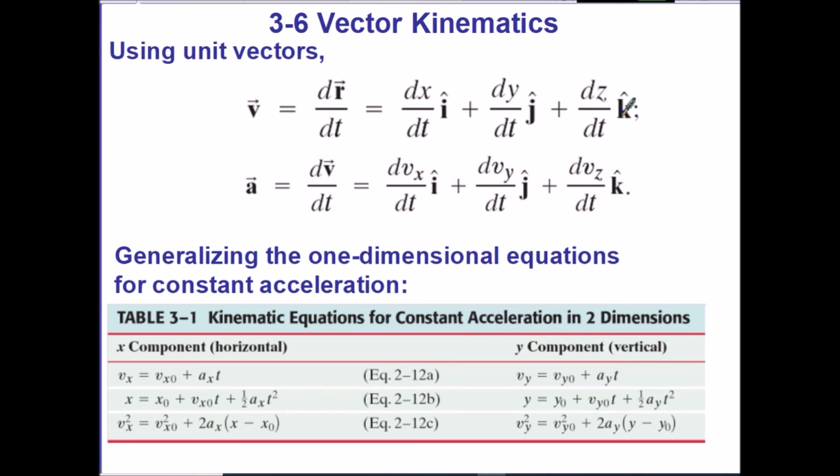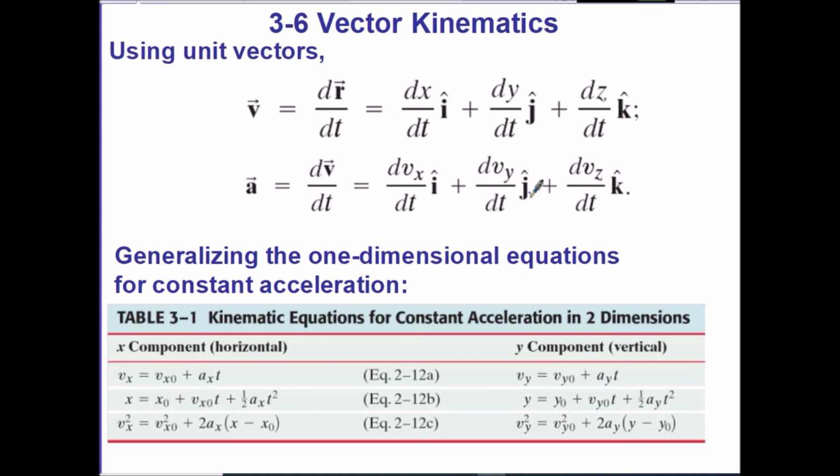So instead of looking at the change in position, where r would again be my position relative to my origin, I can think of that as the time rate of change in my x position, plus the time rate of change in my y position, plus the time rate of change in my z position. Okay, so we can do that, and we'll show you a few examples in another video on how we might actually do that. Acceleration, same idea, can be written in unit vector notation.